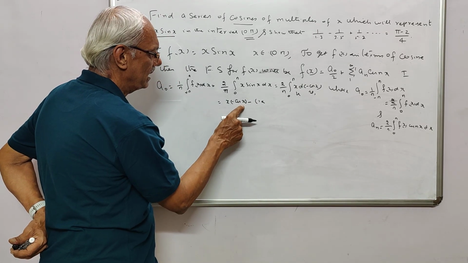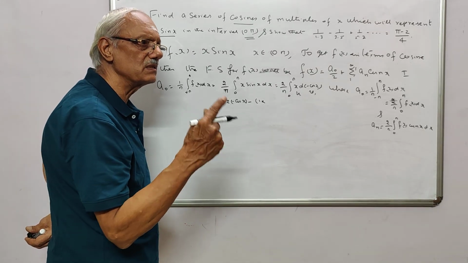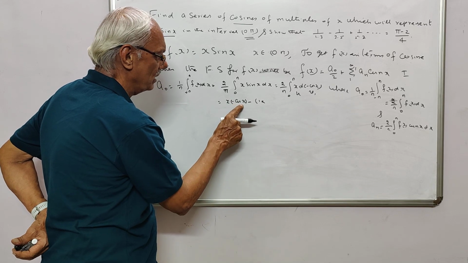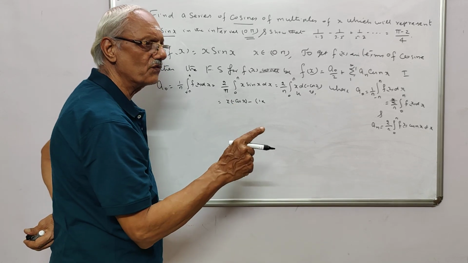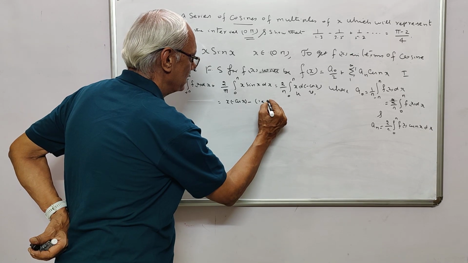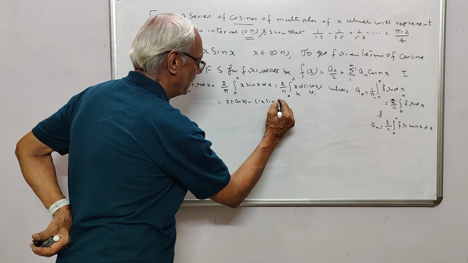And what is the integration of cos x? You have to integrate this cos x, whereas you differentiate the x. Integration of cos x is sin x, so with the minus sign you will get it as minus sin x, and minus into minus will make it sin x.